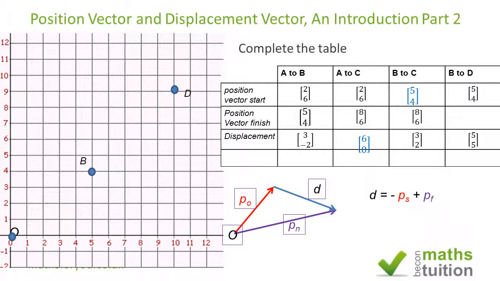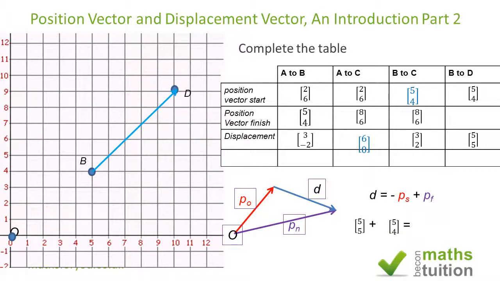Now from our little algebra here, if we want to make P_F the subject, then P_F is equal to D plus P_S. That is the displacement from town B to town D, which is 5 to the right and 5 units up, and that's what we got there.